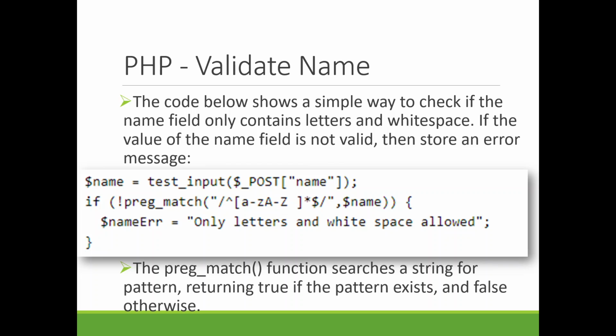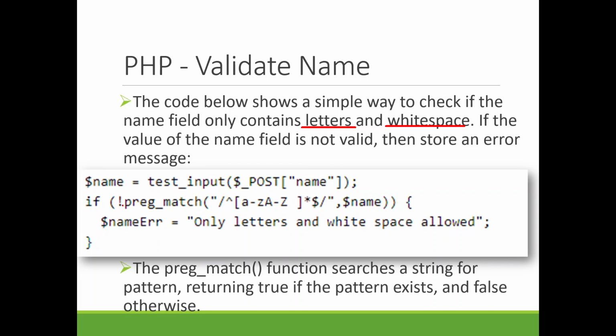Okay, and then to validate the name, you remember the requirement was that the name should have only letters and no white spaces. So if the value of the name field is not valid, then store an error message.